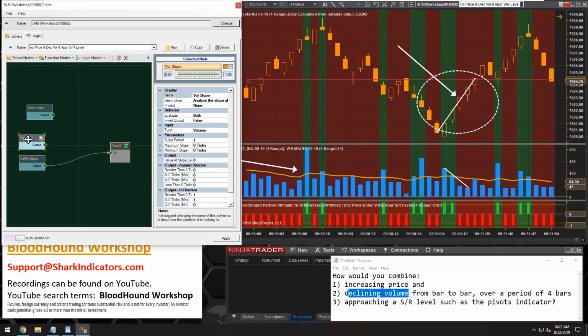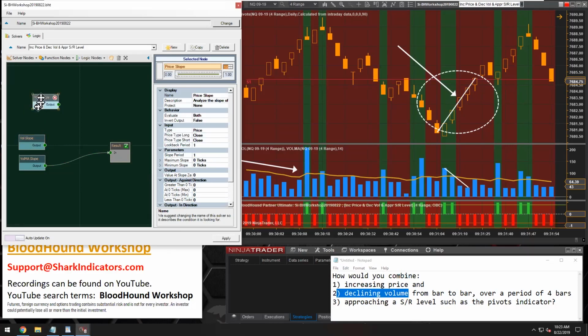So we've got two different alternates here for item number 2, finding decreasing volume. And again, just to re-emphasize, we could do the same thing for price, right? This slope solver is literally looking at the closing price, but you could modify this solver to look at some kind of a moving average over price as well.